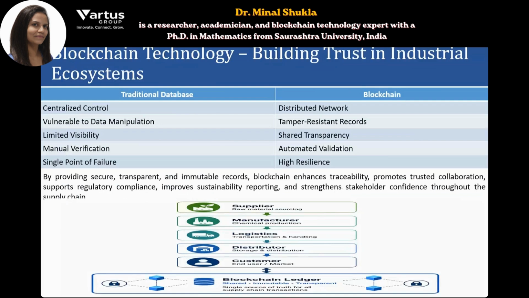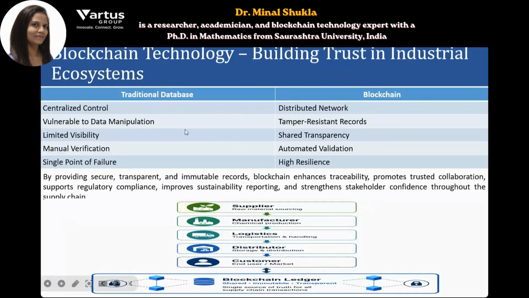Many of the cloud platforms charge a high cost of energy, and many times they do not remain secure and transparent. This is called a centralized control system, whereas blockchain has a distributed network where the data is stored very securely, transparently, and with lower energy cost.